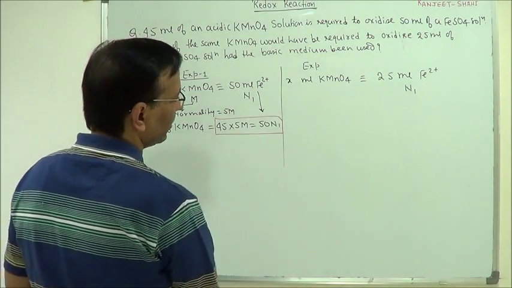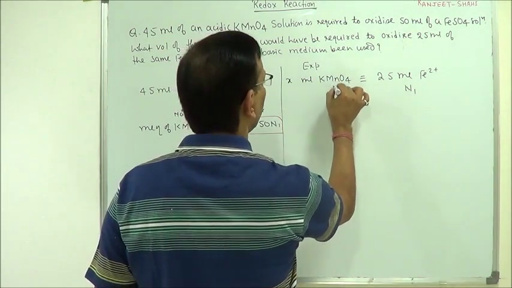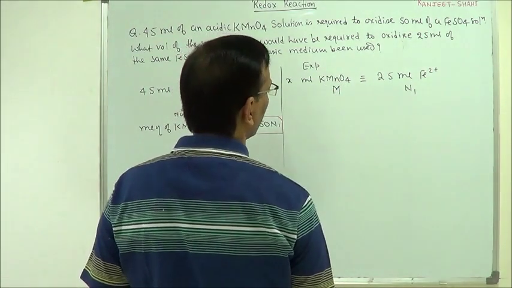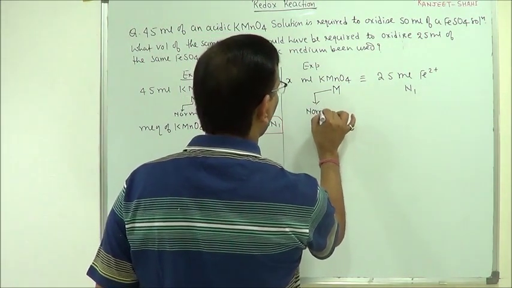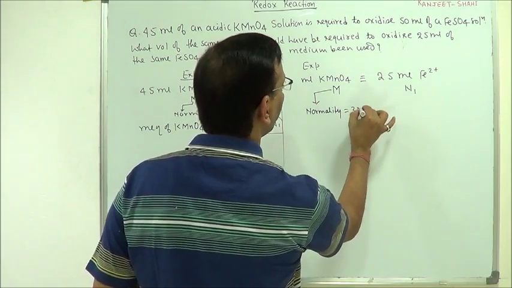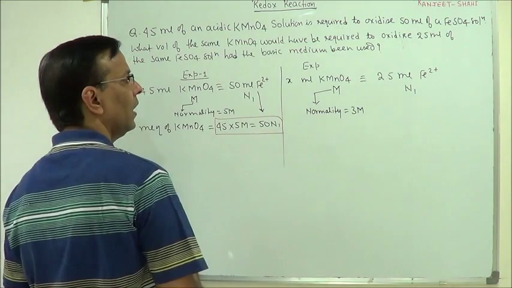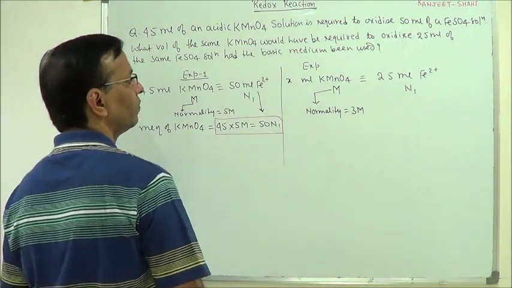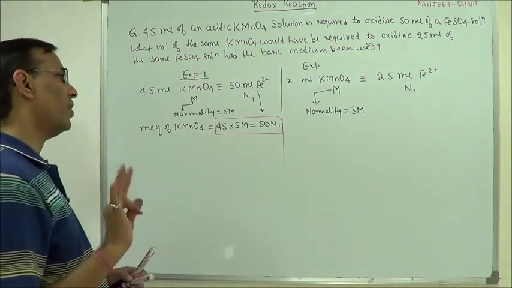On the other side, molarity is again the same, but now normality will be 3M, because in basic medium n factor of potassium permanganate is 3.